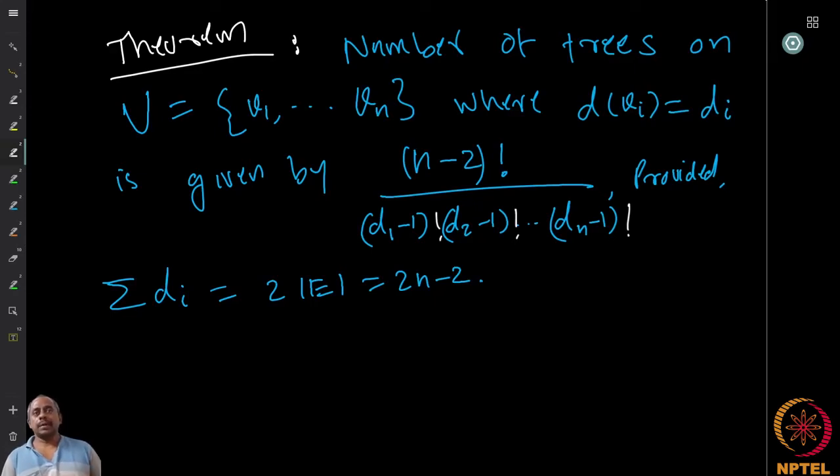And if the sum is right, then the count is given by (n minus 2)! divided by (d1 minus 1)! times (d2 minus 1)! times ... times (dn minus 1)!.